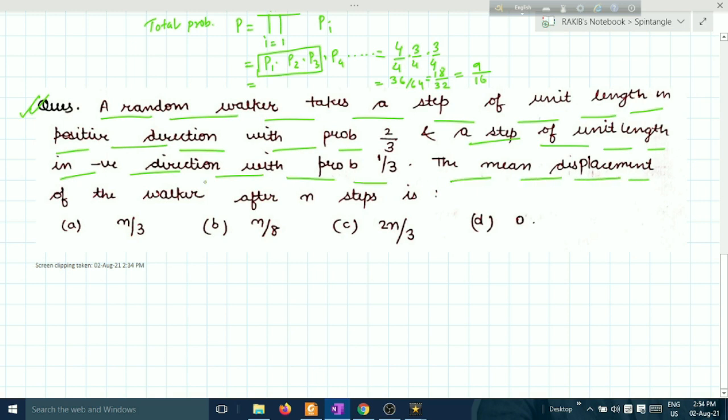Then the mean displacement of the walker after n steps will be what? Let's start. It is a one-dimensional question.